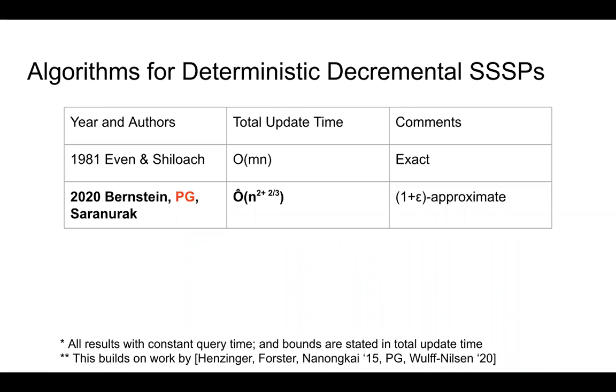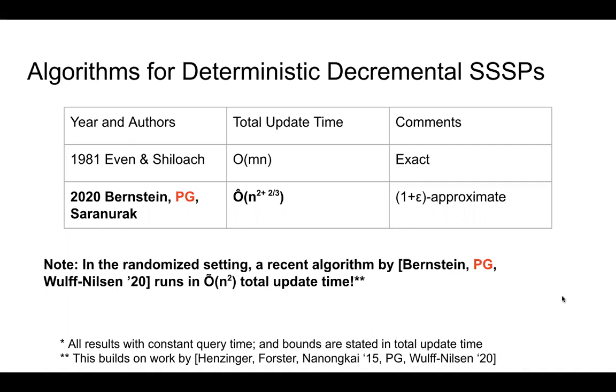And this paper really is the first improvement, and it's an improvement for dense graphs only, but it does break the MN barrier for these very dense graphs, with the new total update time being N^(2+2/3). And I'll also point out that in the randomized setting, we don't completely understand this decremental SSSP problem, but there's actually an algorithm that runs in N^2 time, and that is actually also presented at FOCS this year.